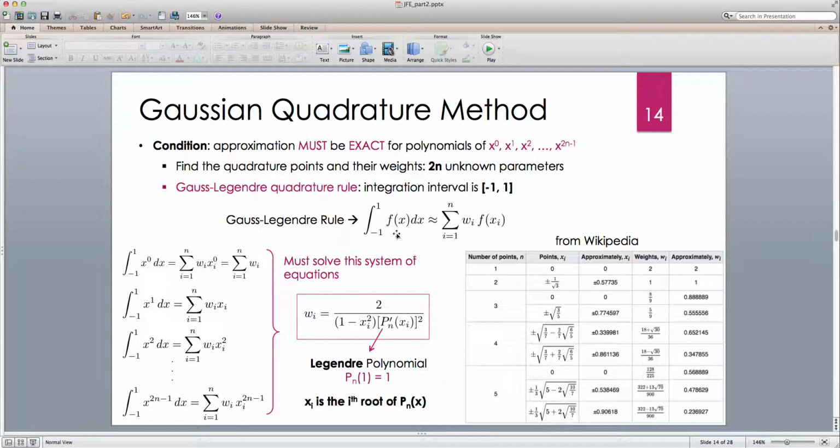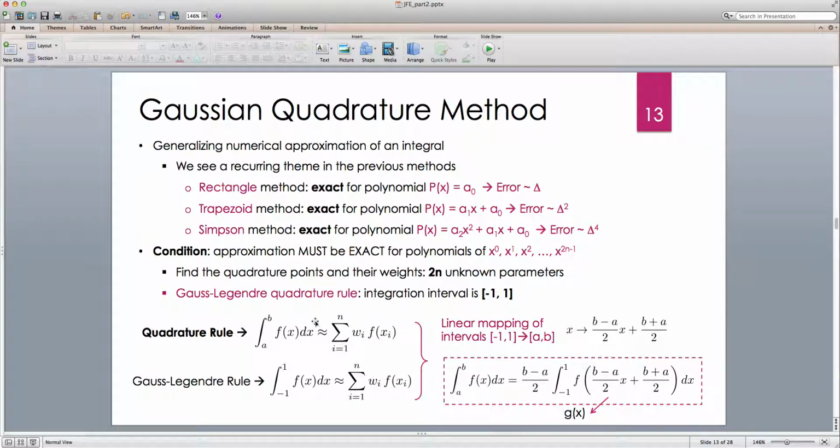So if we are starting with this problem, then we can find the weights and the points with closed form solutions, right? And then we need to solve the problem of integrating from a to b, and for that we use this mapping: the integral from a to b of f of x dx is b minus a over 2 times this integral of g of x.